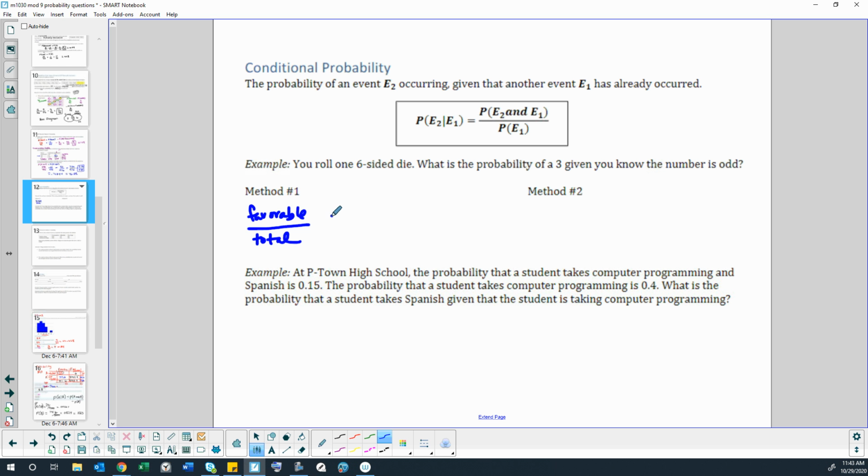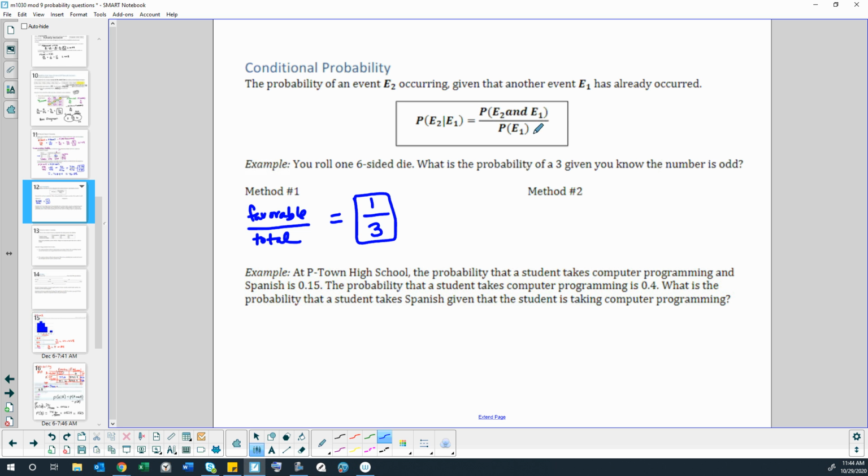How many 3s are there on a die? Well, there's only one. And then instead of doing all 6 possibilities on our die, we're just going to talk about the 3 odd numbers. So the probability for this situation is 1/3, because we have 1 three out of 3 odd numbers.